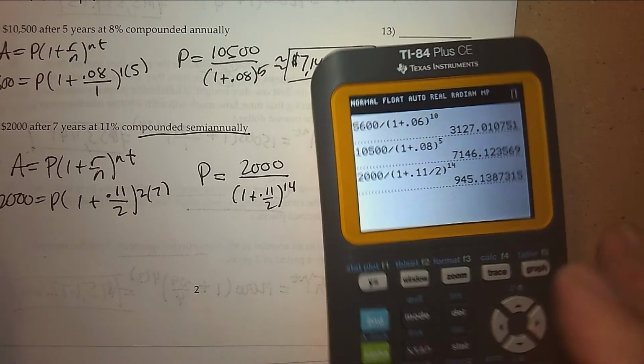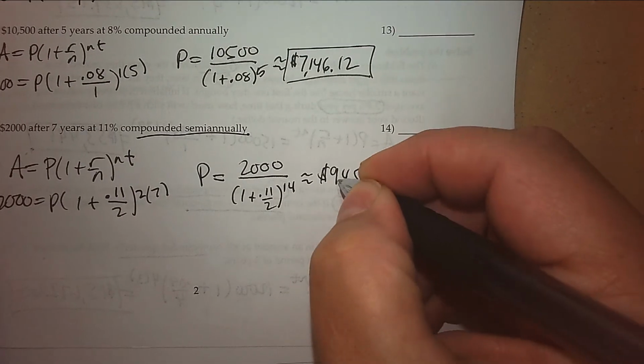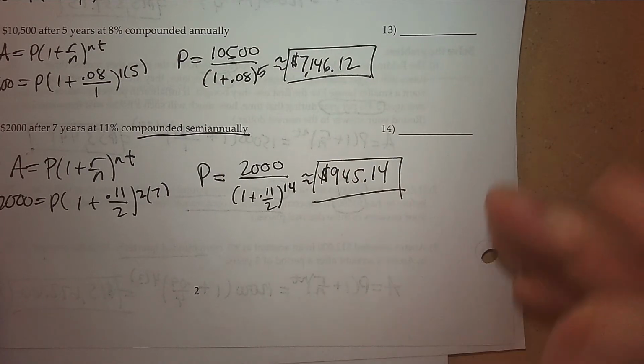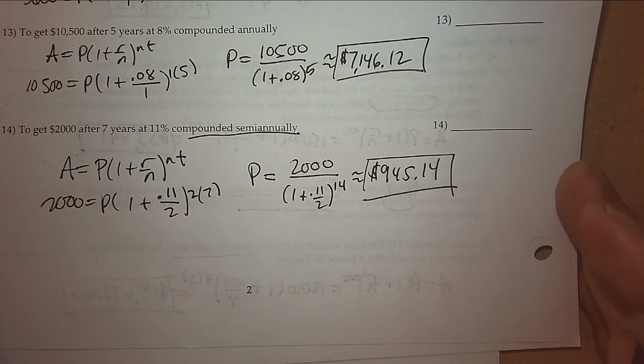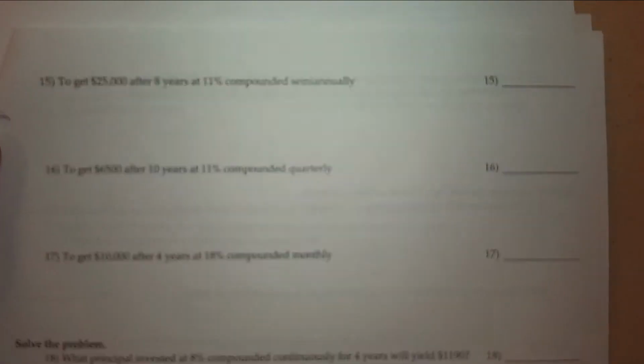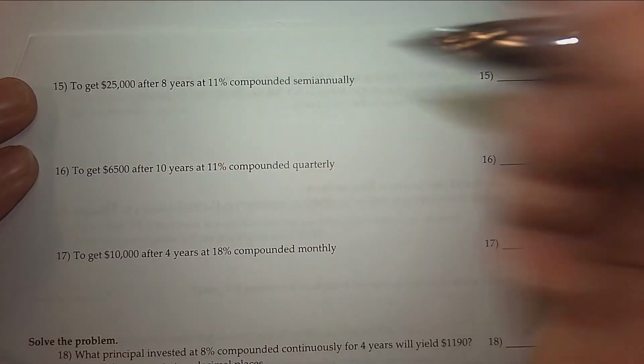So the original amount was $945.14. All right. 15. Same kind of question, to get 25,000 compounded semi-annually.